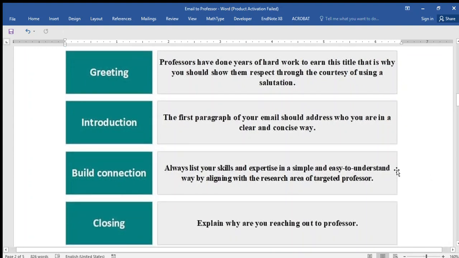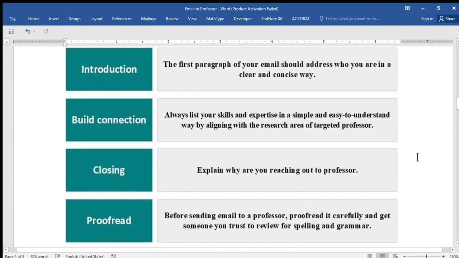The third and closing paragraph will explain why you are reaching out to him. You should write that you have visited his lab link or lab name, and then write just 3 to 4 keywords showing that he is working in this research direction, which aligns with your research interest or future research interest, and that's why you are contacting him for an MS or PhD position or research position.